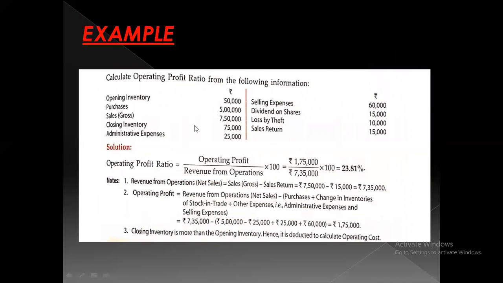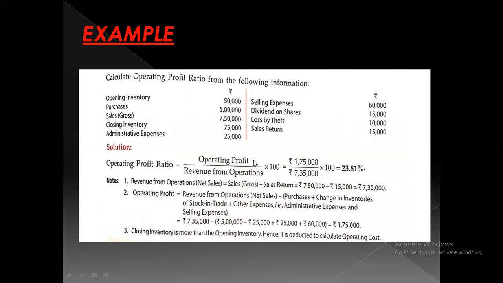Now in the question you will see opening inventory is 50,000, purchase 5 lakh, gross sales 7 lakh 50,000, closing inventory 75,000, administrative expense 25,000, selling expense 60,000, dividend on share 15,000, loss by theft 10,000, sales return 15,000. Formula to calculate operating profit ratio is operating profit divided by revenue from operation into 100.